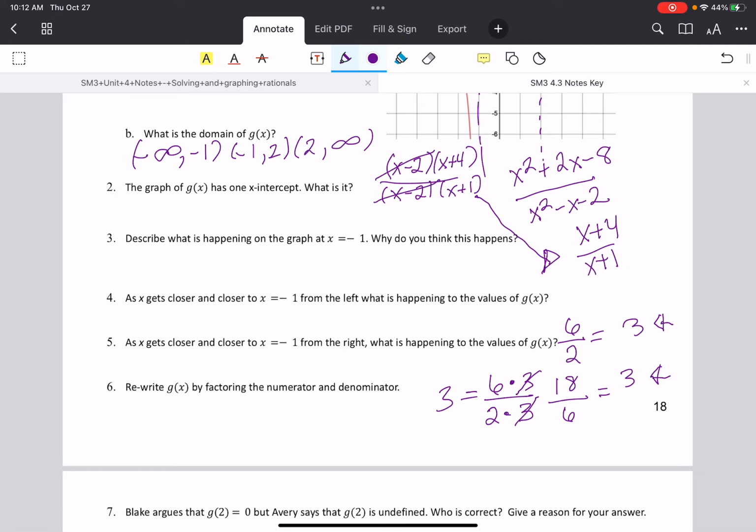Yes. One more person, someone not from this table or this table. Back table. If you factor it and it's in the numerator and the denominator, then it's a hole. Yes. Amen.